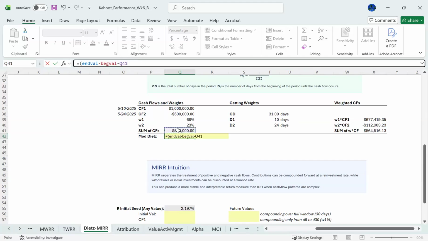So in the numerator, we are making sure that we are not including those 500K, because the 500K on their own are not performance. They are not coming from returns. Now, however, they generated returns, okay? Those we're not subtracting.